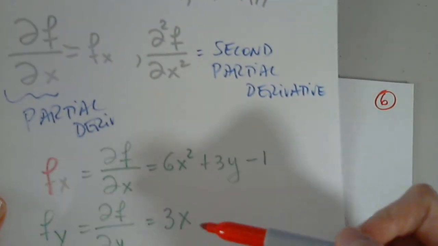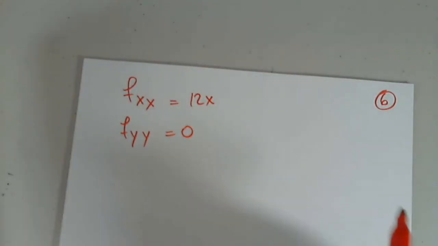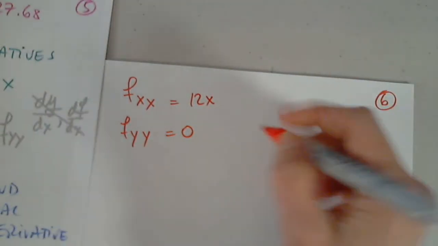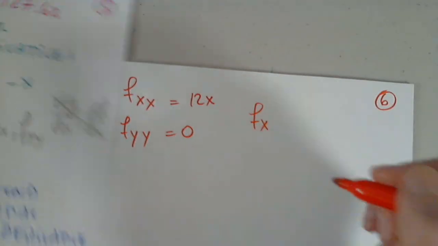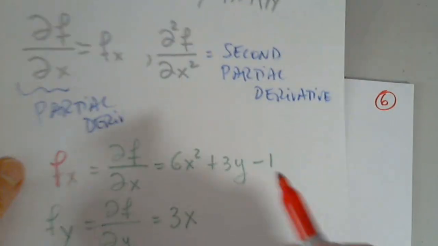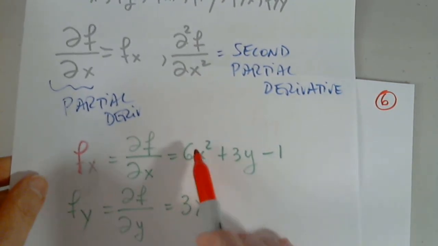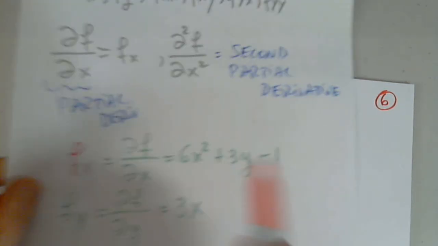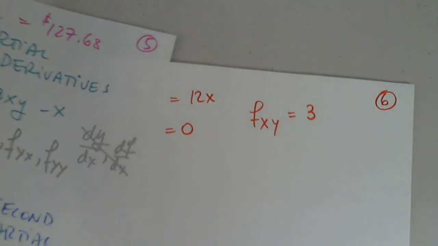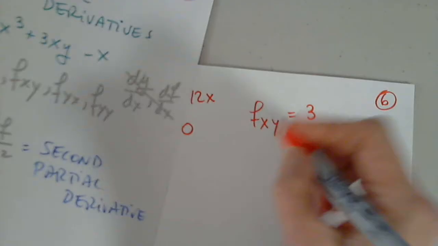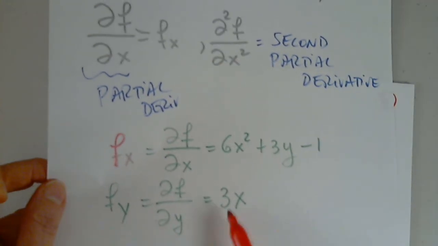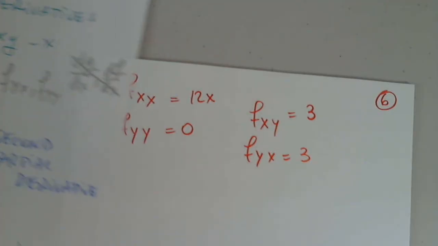So this is fy differentiated with respect to y. I don't have anything. Finally, I want to differentiate the first derivative with respect to y. When I differentiate the first derivative fx with respect to y, this is 0, this is 0, this is 3. If I want to determine fyx, I differentiate this with respect to x. I have to get the same thing, and I did.